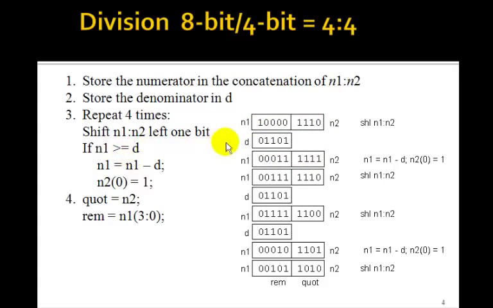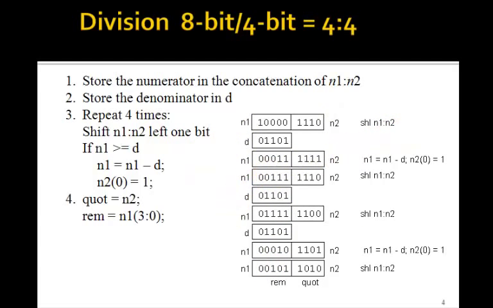If n1 is greater than or equal to d, then n1 is n1 minus d, and n2(0) gets set to 1. And then we just repeat that 4 times, and when we're done, as we saw, the quotient ends up in n2, and the remainder ends up in n1, 3 down to 0. Okay, so that is the algorithm.